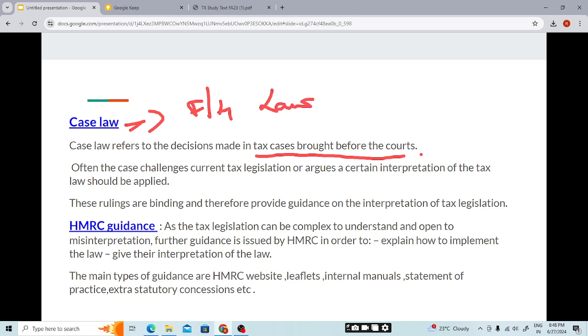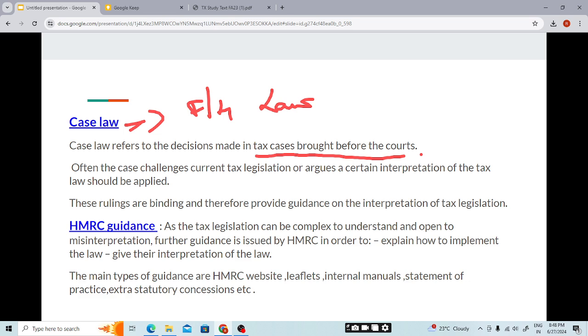Case law means if any case is going in the court or Supreme Court, then they'll give a judgment on it, and if any same or related case further comes to the Supreme Court, then the laws which were given by the Supreme Court in the earlier case, the same laws will be applied here also.